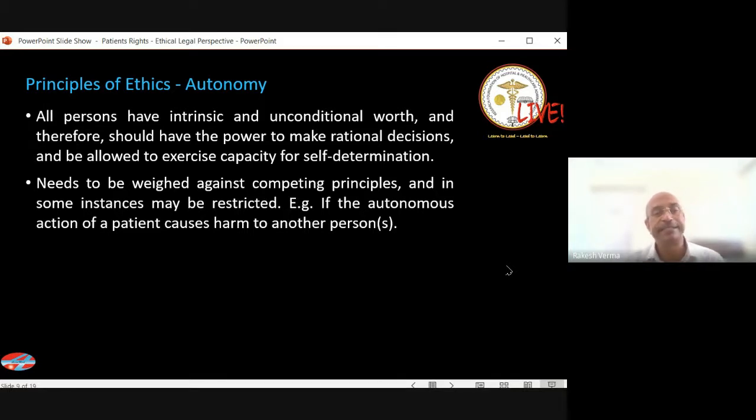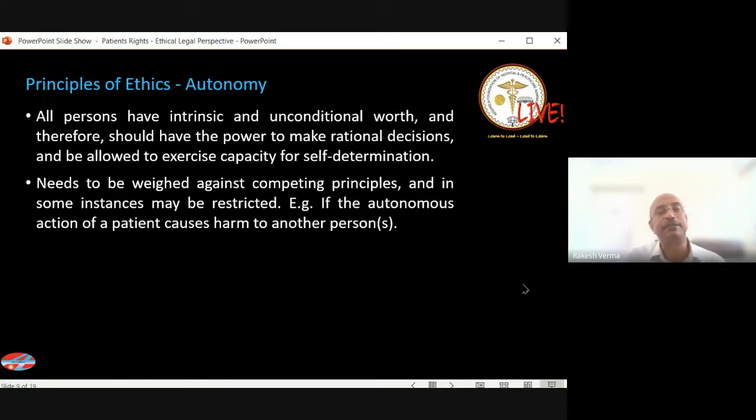So this is also restricted in certain instances. But as far as receiving healthcare is concerned, a person having the ability or competence to make a rational decision is to be allowed to exercise capacity for self-determination.